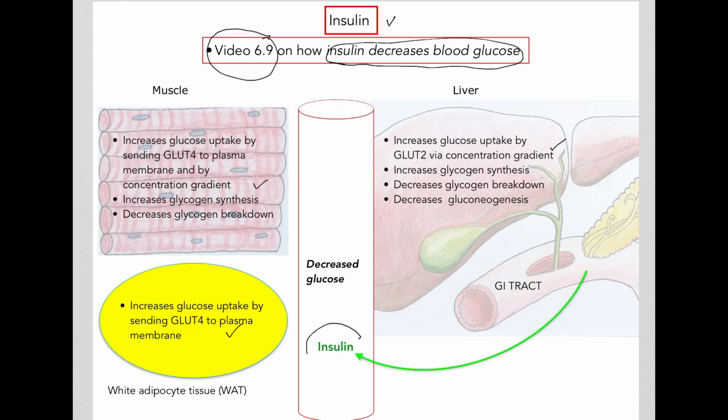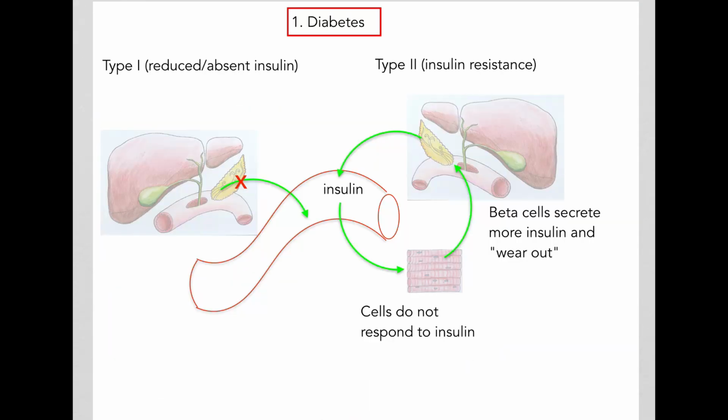So the presence of insulin is going to cause a decrease in blood glucose. So one reason for hyperglycemia is diabetes. In type 1 diabetes, there is either a reduced or absent secretion of insulin. Since insulin reduces blood glucose, if you don't have insulin, your blood glucose is going to increase. It's going to lead to hyperglycemia.